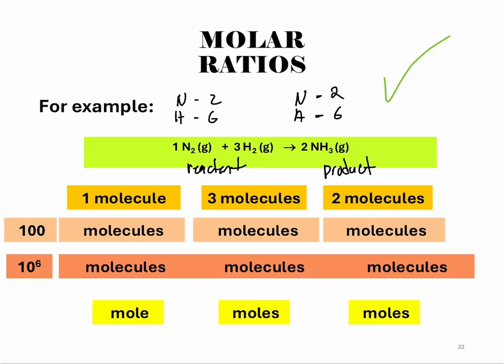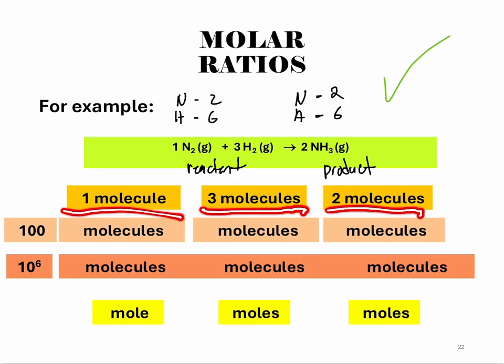But we know from stoichiometry that that's how many molecules of each reactant we need to form that many molecules of product. And so for the reaction to happen once, we need 1 nitrogen molecule, 3 hydrogen gas molecules, to form 2 ammonia molecules.